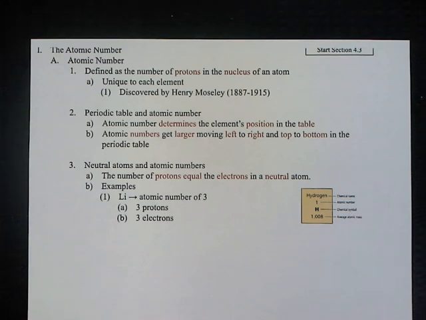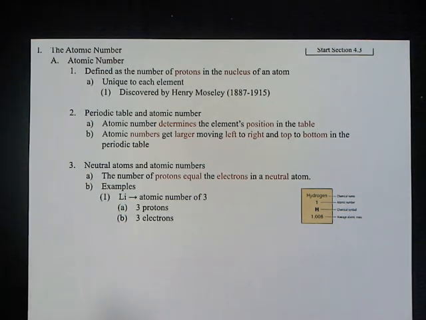And objective number 3, calculate the number of electrons, protons, and neutrons in an atom given its mass number and atomic number.